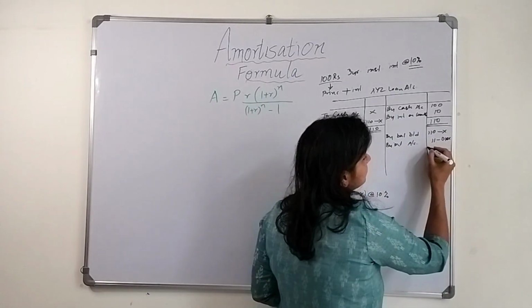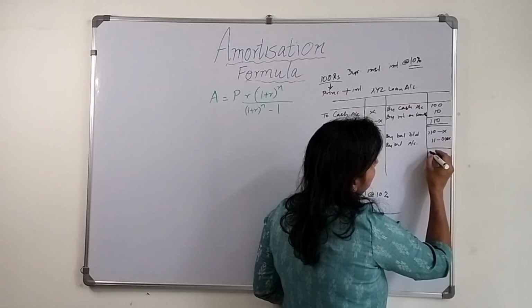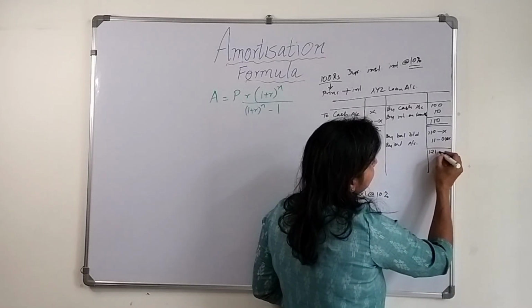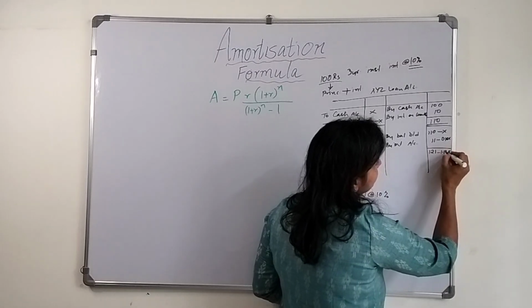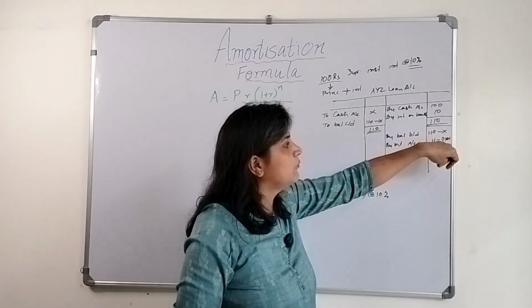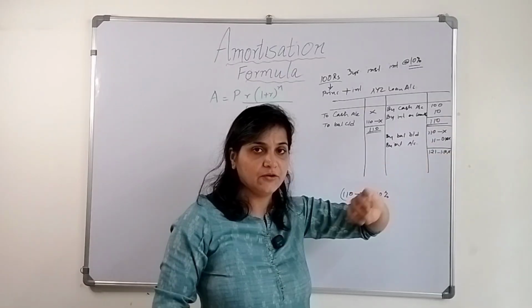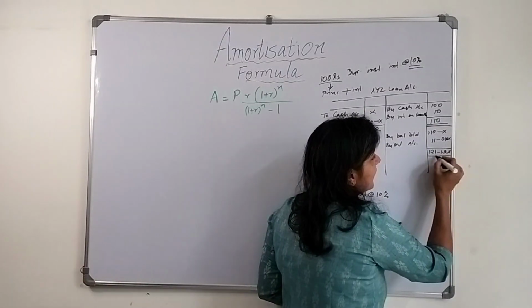So this will be 121 minus 1.10x, since X plus 0.10x is 1.10x. This is what is due.